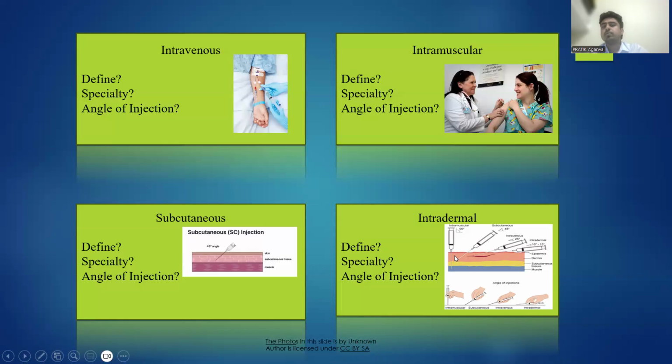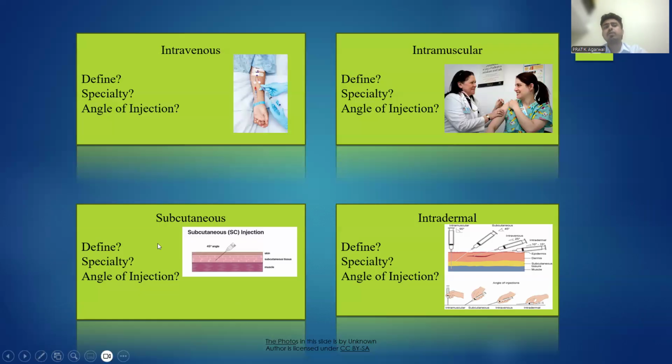Intradermal is not mostly used for drug administration, but mostly for imaging, like when you inject some metal compound or desensitization compound into the intradermal route to get a good image of that particular part in the body.